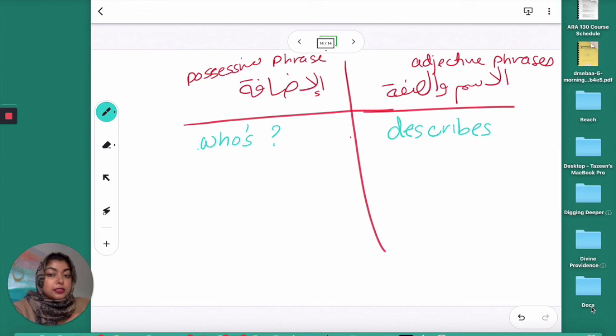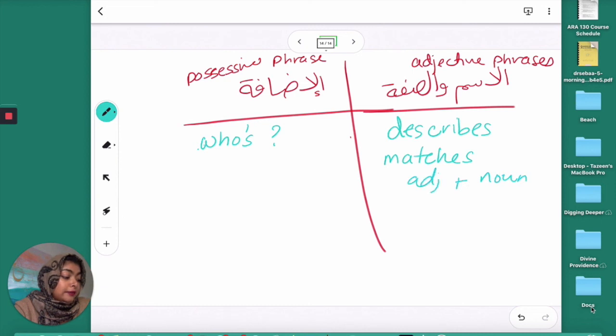Okay, that's the difference between the two. The other difference that we've seen is that al-ism al-sifa we talked about in lesson 1 has to match. The noun and the adjective have to match. So if we say bayt kabir, mudhakkar, mudhakkar, they're both matching.